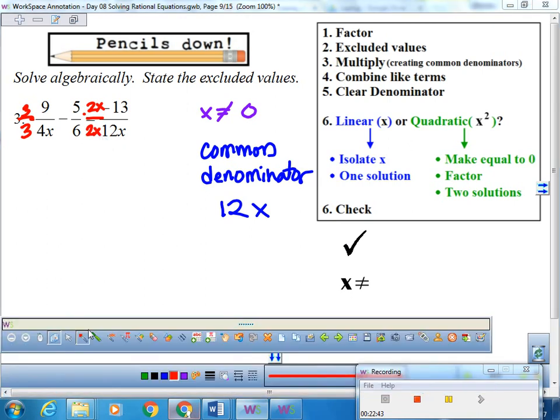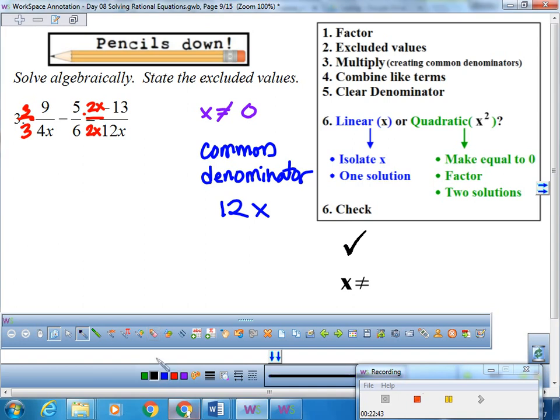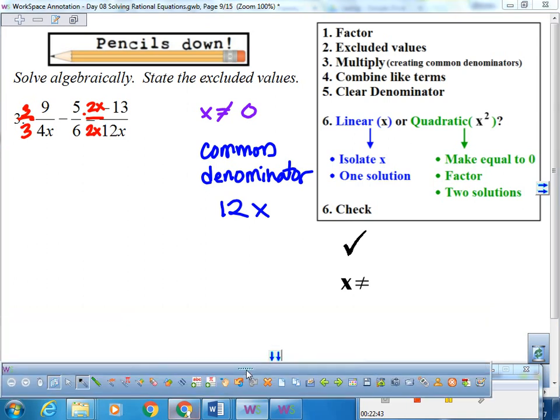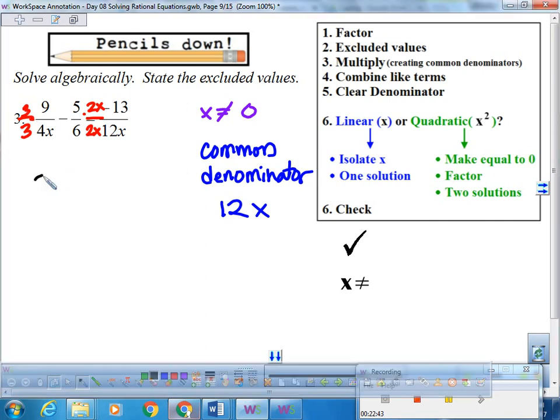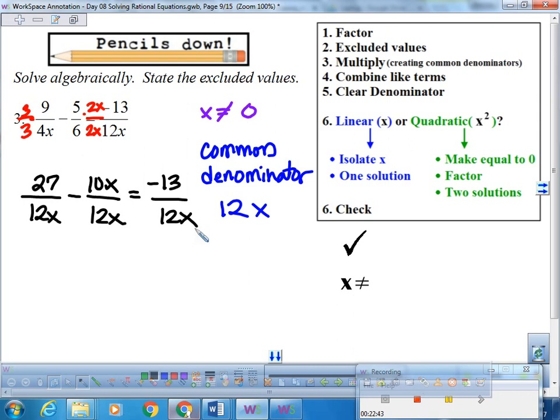So let me go ahead and rewrite it. So I have 3 times 9 is 27, 27 over 12x. 5 times 2x is 10x over 12x. And then I have negative 13 over 12x. I'm going to combine these two.